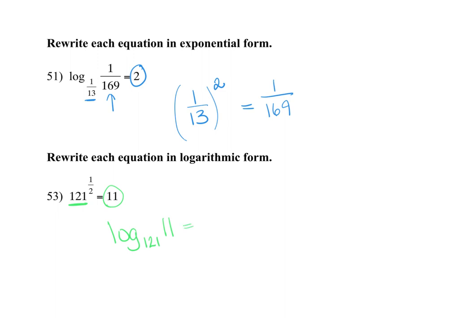Well, 11 is technically the square root of 121, and we write square roots like that. So that becomes what it equals. All right, so my bases are always my bases. This will now become what I'm taking the log of, and my exponent is my answer on a logarithm.